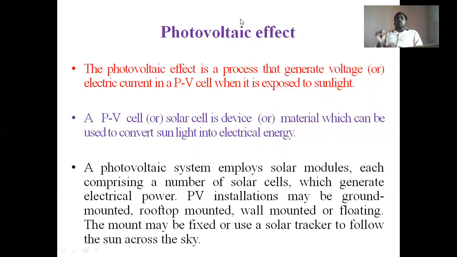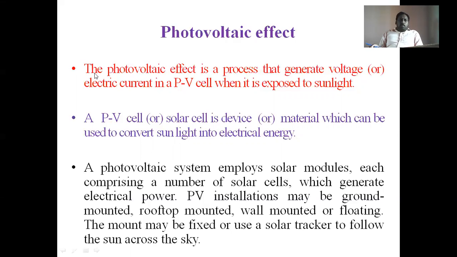Photo means photoelectrons, photons, or light energy. Voltaic means voltage. That means photo energy, the energy of photons or light energy, can be converted into voltage. This effect is called photovoltaic effect.